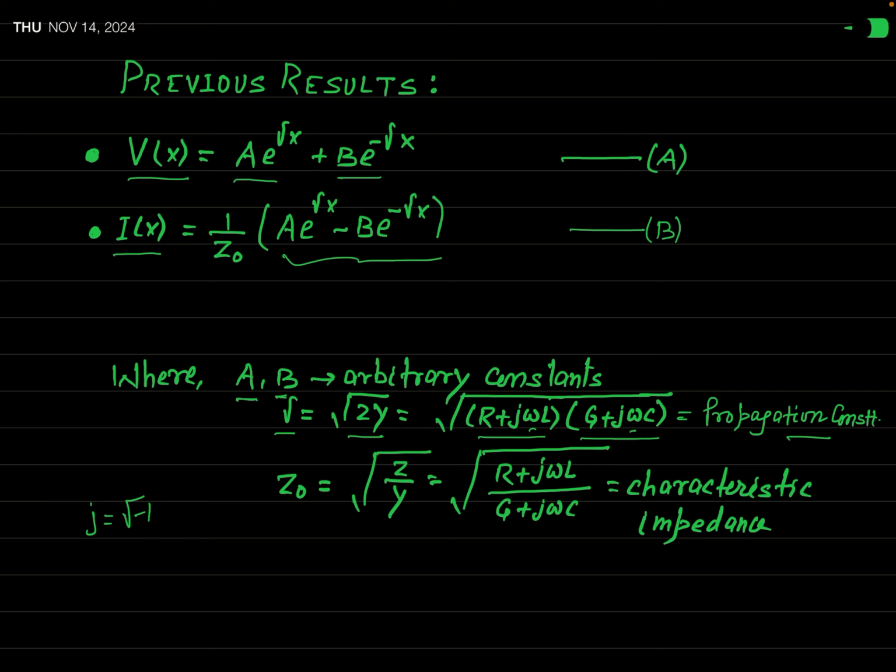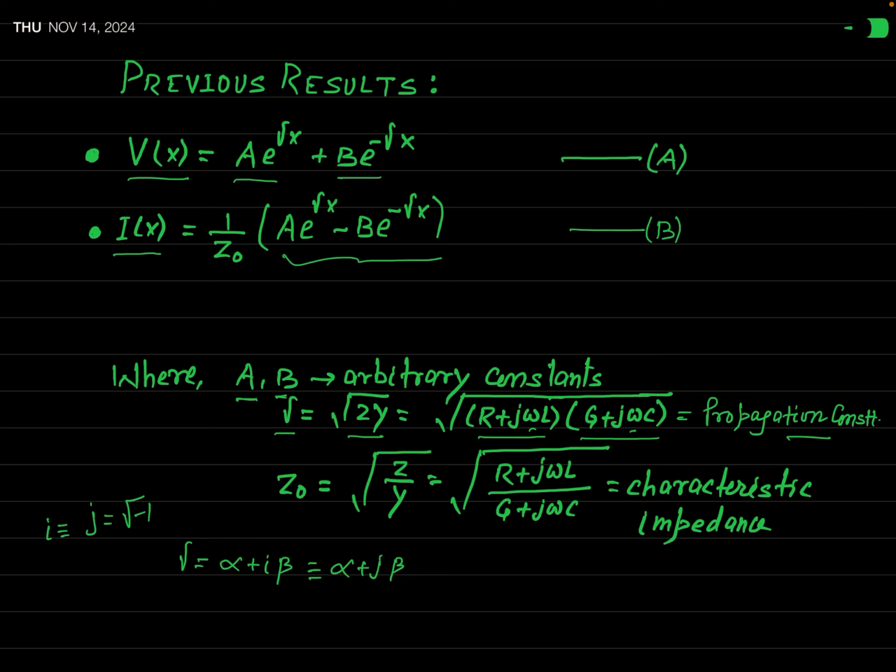So this gamma is in general a complex quantity, and you will see later in this lecture that we will represent this gamma by alpha plus j beta. You can also write alpha plus i beta, because the symbol i or j both stands for iota, that is imaginary.